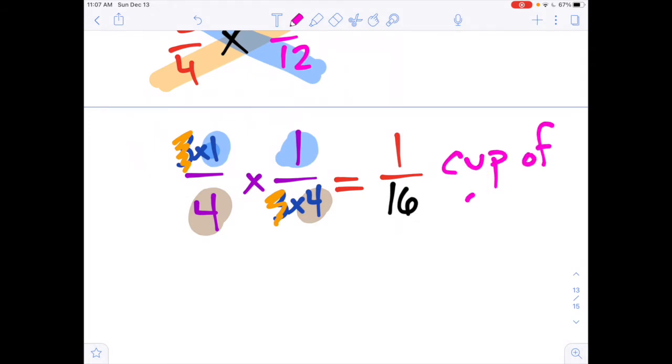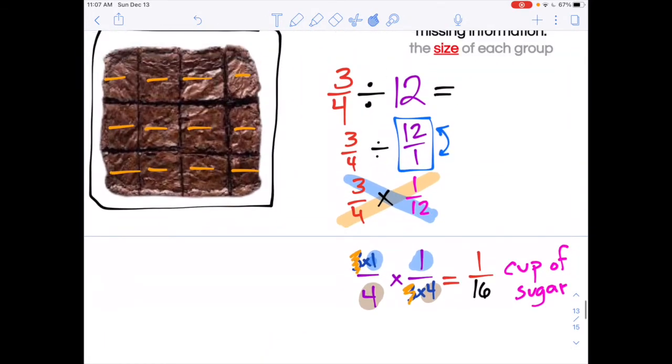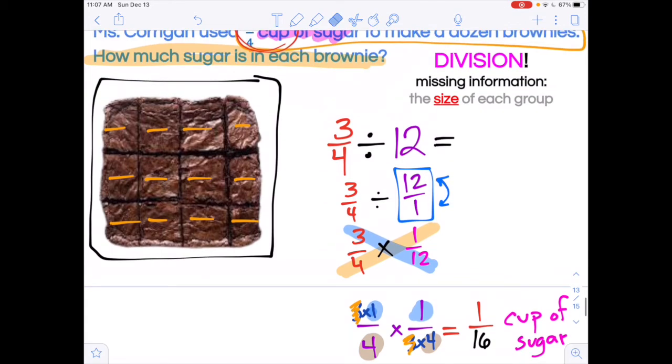All right, so here's the really cool thing. If I go back, remember how I didn't know what fraction went on each of those brownies? I do now. It's 1/16. I'm just going to copy. See how well this works. Paste.